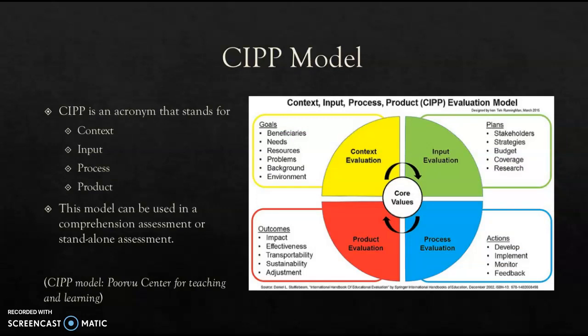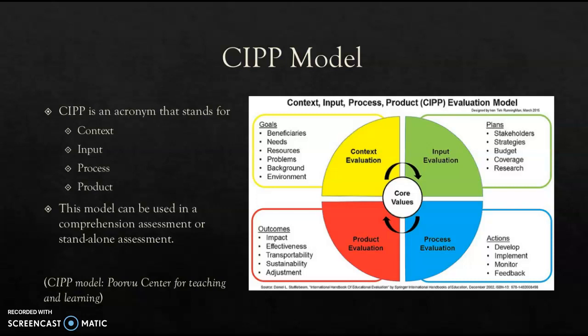Next, we have the CIPP model. The CIPP model stands for context, input, process, and product. The context evaluation is the assessment of the environment, which can include goals, objectives, history, and background. The input evaluation involves asking questions that will be used to develop and conduct the program.